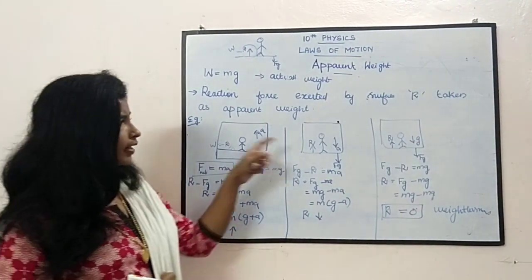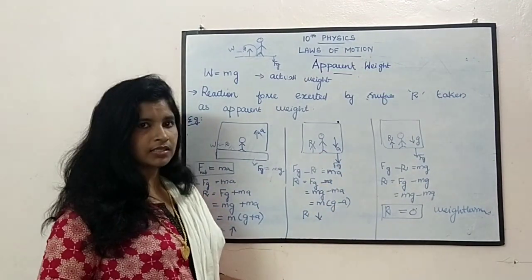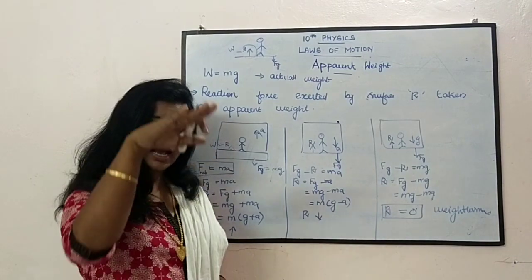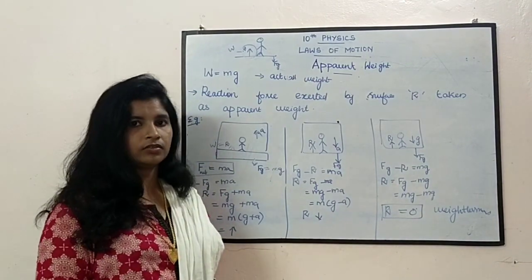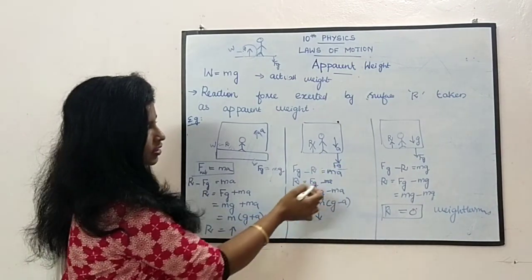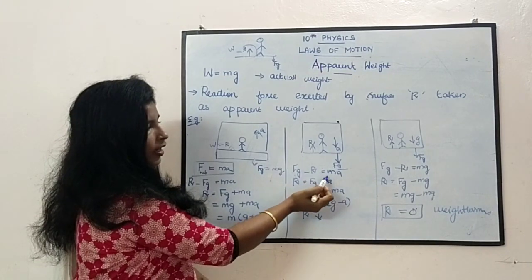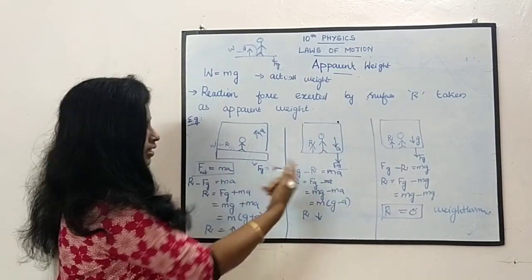The next case, you see the man is standing over here. These two forces are acting, but the lift is accelerating downward. So which force is dominating here? This downward force Fg, so I write it first. Fg, and the opposite direction is minus ma according to Newton's second law.